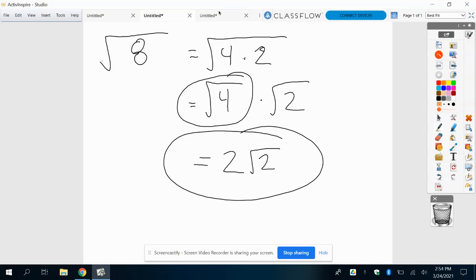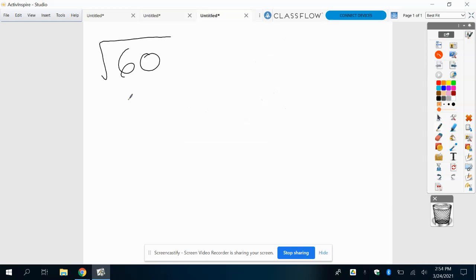Another example, this one's a little bigger, so we've got 60. Sometimes you can't see a perfect square right away, so another way you can think of it, and you learn this in algebra, is you can use what we call factor trees. A factor tree is when you find the prime factorization of that number.